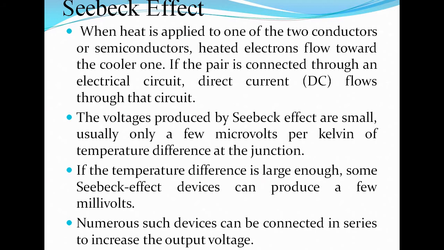If the temperature difference is large enough, some Seebeck effect devices can produce a few millivolts. Numerous such devices can be connected in series to increase the output voltage. So if you want more voltage, then a number of such devices are connected in series so that we get a high output voltage.